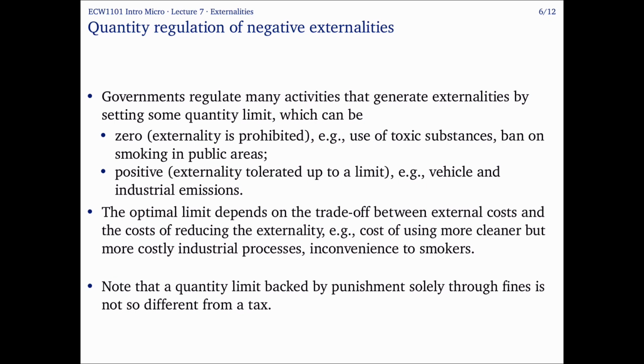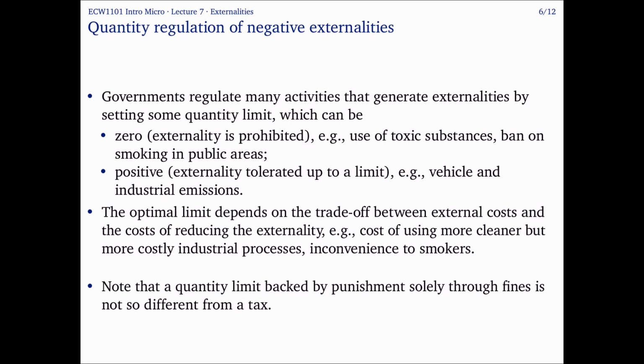The government regulates it by saying vehicles registered from this year onwards cannot produce more than X amount of nitrous oxides or X amount of, I think, carbon dioxide here, not yet regulated like that. But for example, diesel engines, it's regulated so that the amount of particulates, sulfur oxides and so on is capped. So the so-called Euro 5, Euro 6 regulations for diesel emissions. It's tolerated, basically.